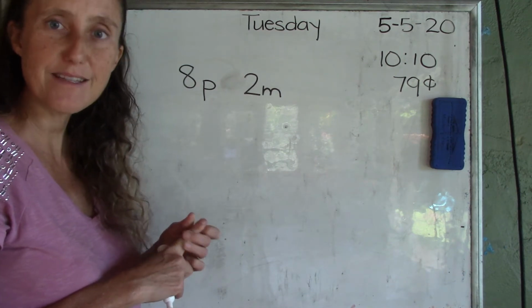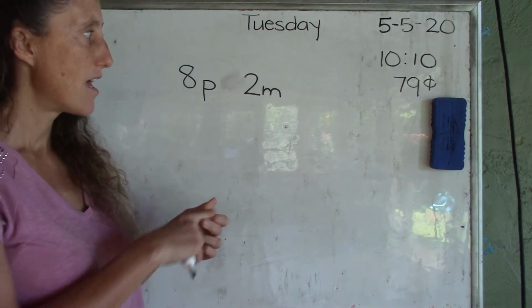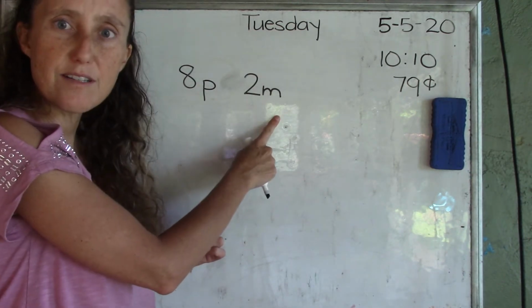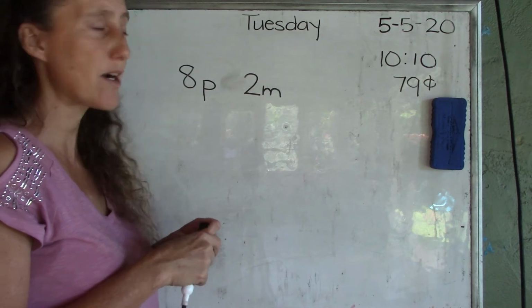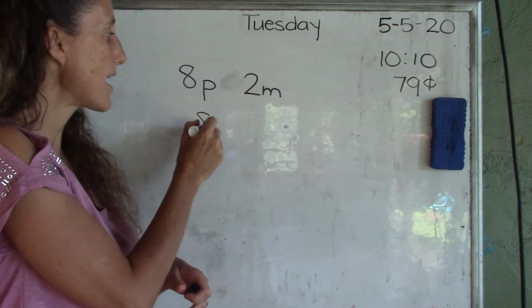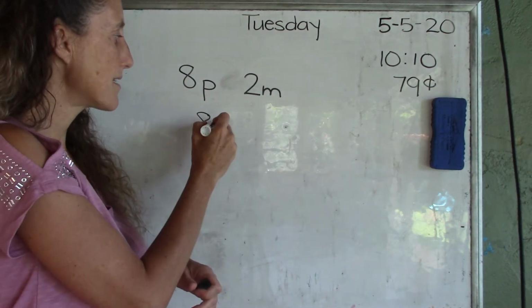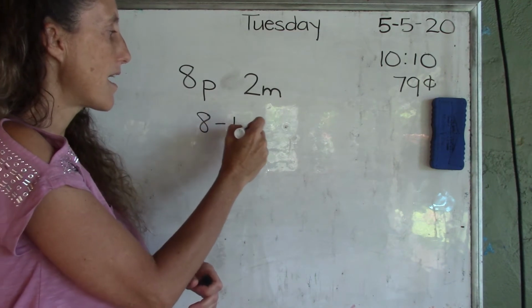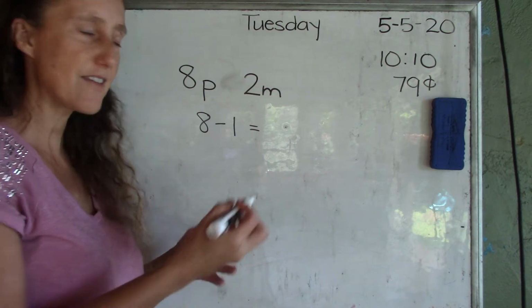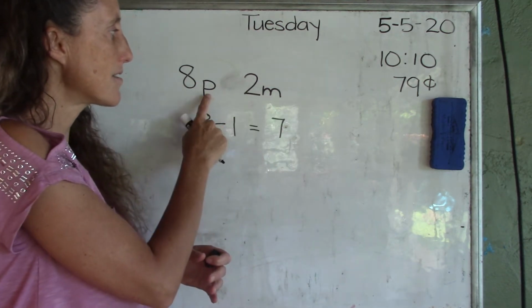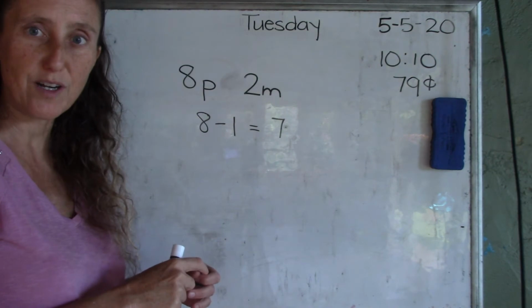How many pencils do you have left? Now, do I have to worry about markers? No, because you didn't share any markers, and the question isn't about markers, it's about pencils. So if you had 8 and you take away 1, how many do you have left? What's 1 less than 8? 7. So you would have 7 pencils left, and you would still have 2 markers left.